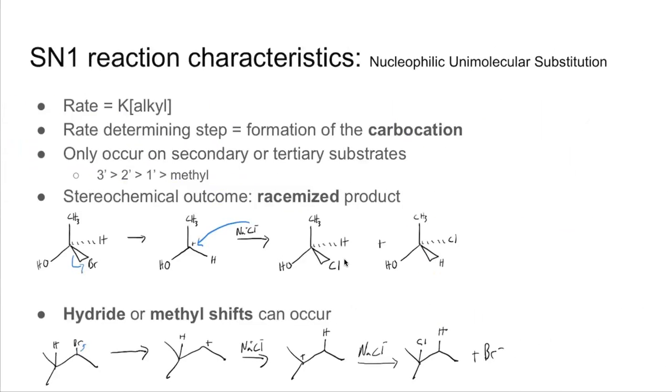The full name is nucleophilic unimolecular substitution. And if we look right here, I know you guys have been talking about rate laws in Chem 2080. This is the rate law for this reaction. Does anyone know by looking at the rate law what order this reaction is?